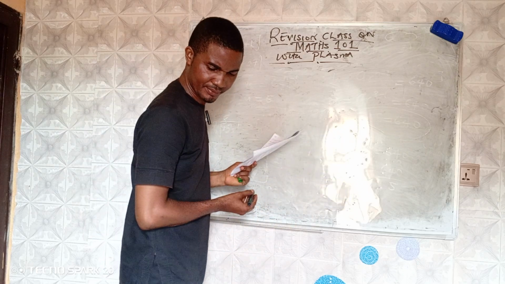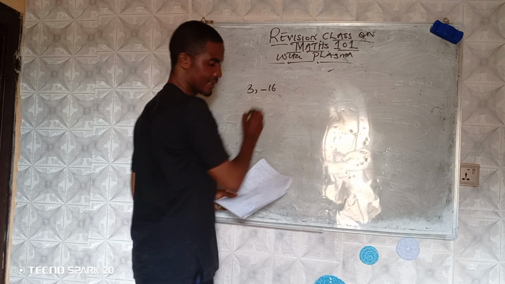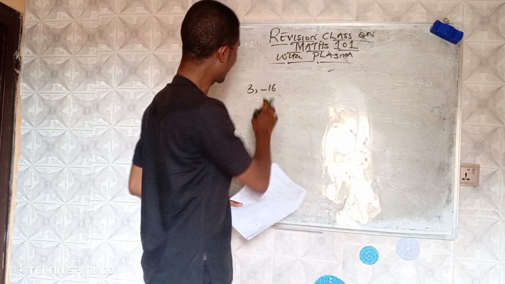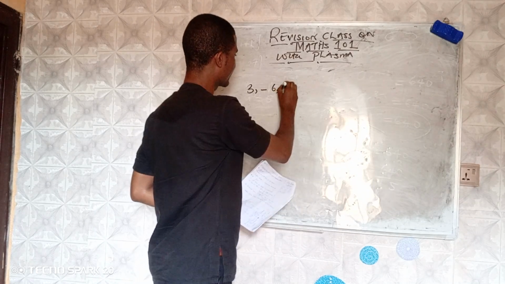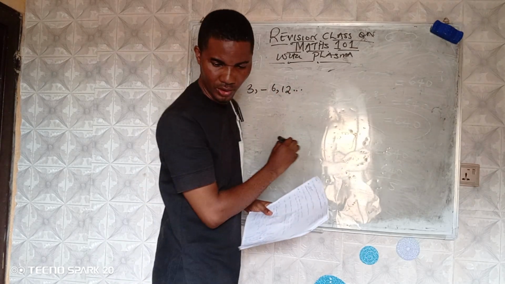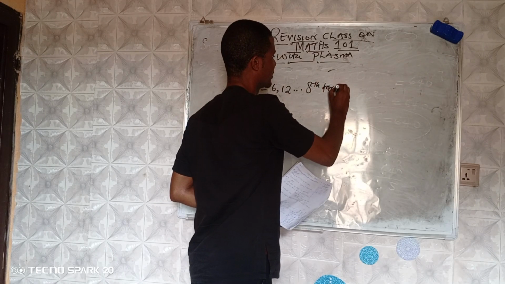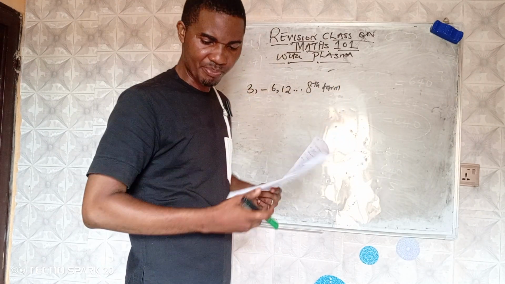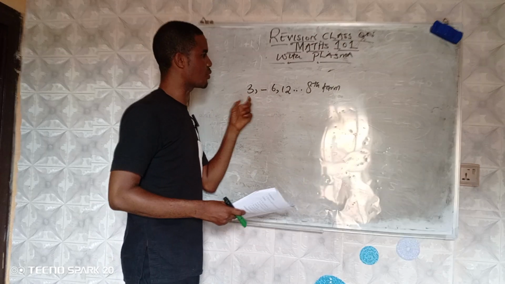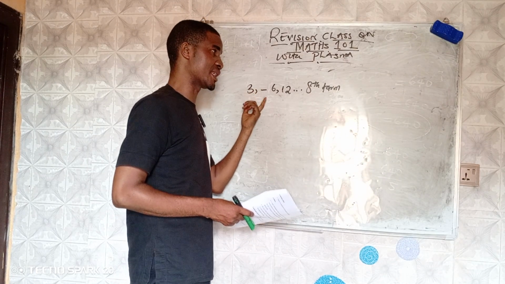They gave us 3, -6, 12, and so on up to the 8th term. Now the question says, sum the sequence below. Is this an AP or a GP? This is a GP. How did I know?